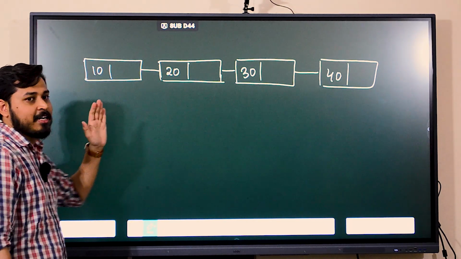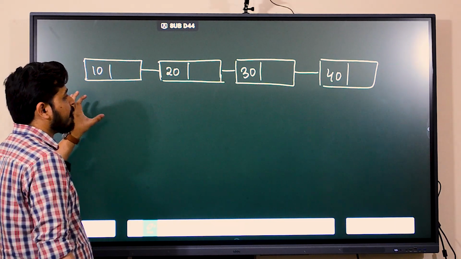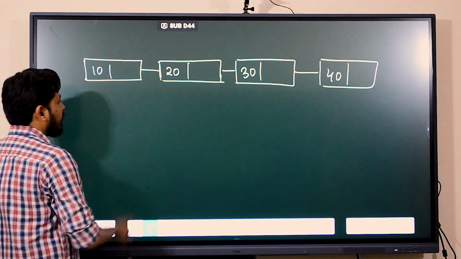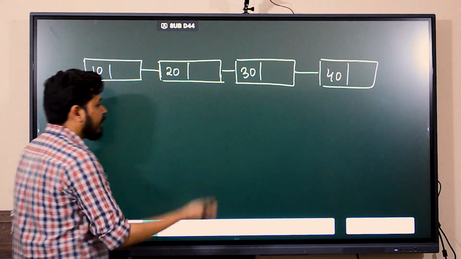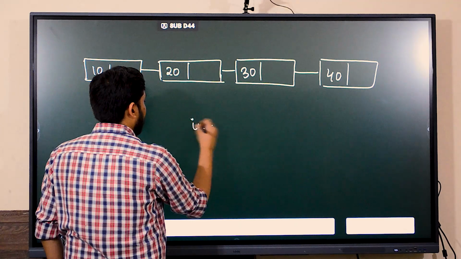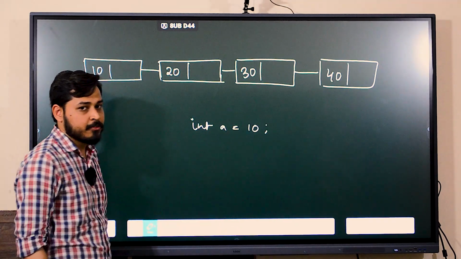See, I told you that every node in a linked list is going to have its own memory space, so every memory will have its own address also. So I'm going to take the address. Usually, if you ask what an address is, let's say I take an integer variable, int a equals 10.